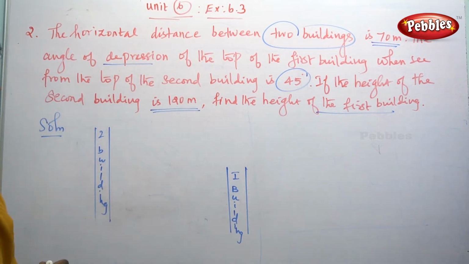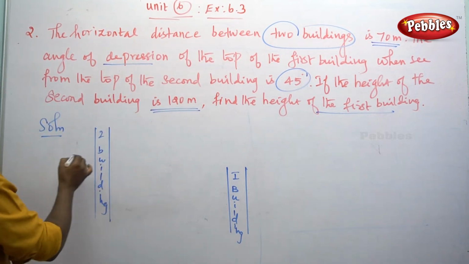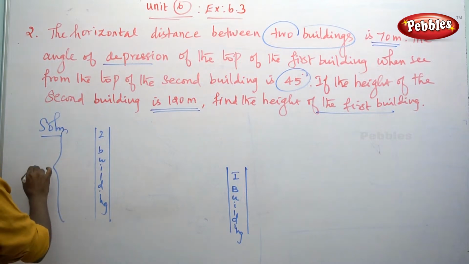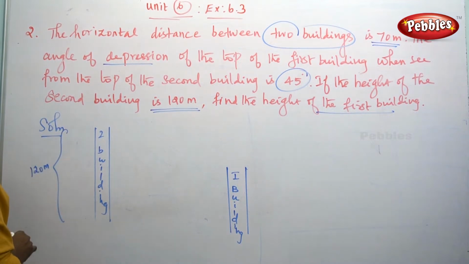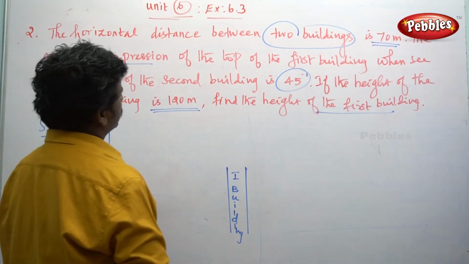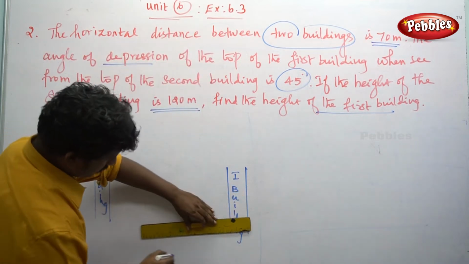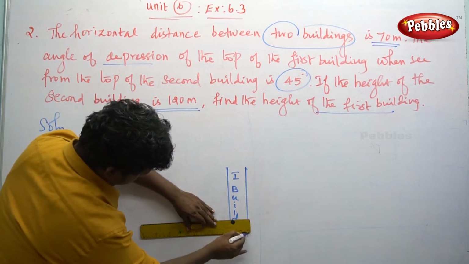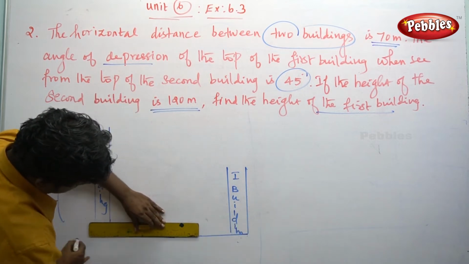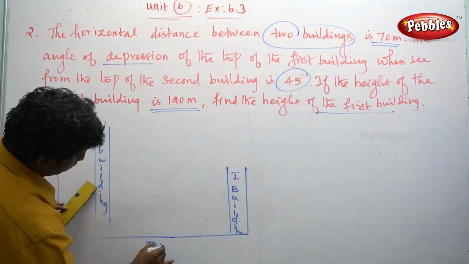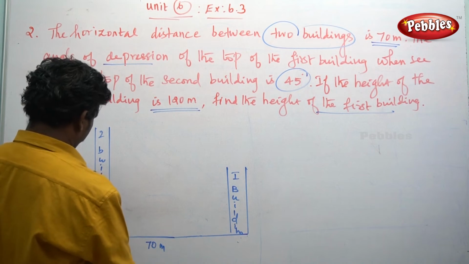So here what is given? Second building height, the overall height, is 120 meter. What is given here? The horizontal distance between two buildings is 70 meter. This is the horizontal distance, right? This is the 70 meter.